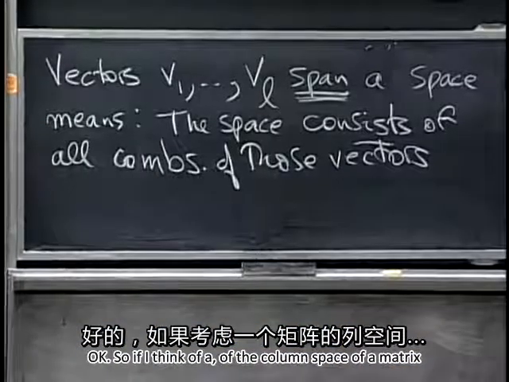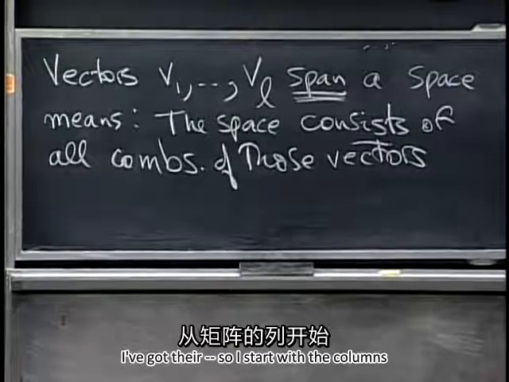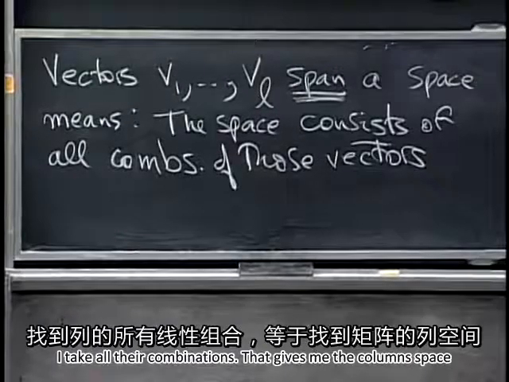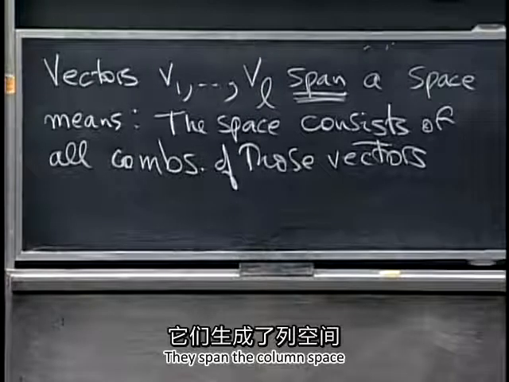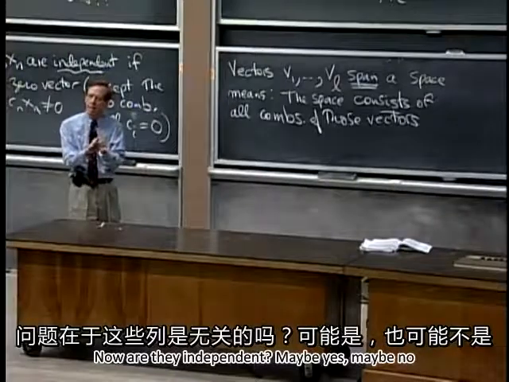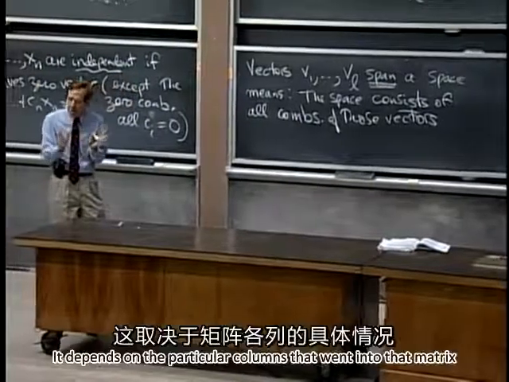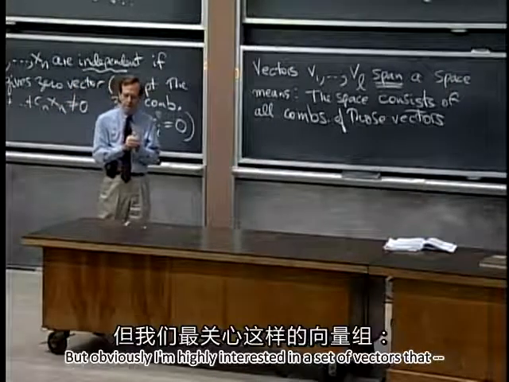Okay. So if I think of the column space of a matrix, so I start with the columns. I take all their combinations. That gives me the column space. They span the column space. Now, are they independent? Maybe yes, maybe no. It depends on the particular columns that went into that matrix.